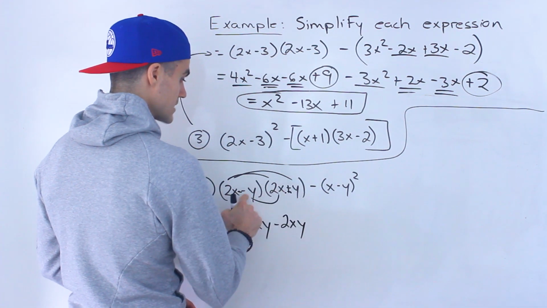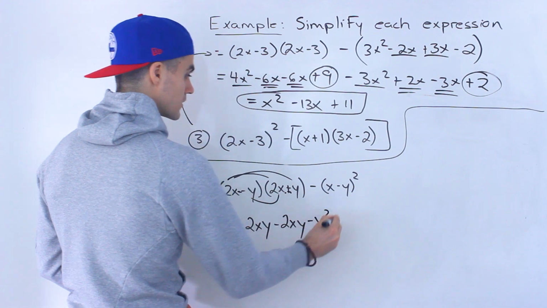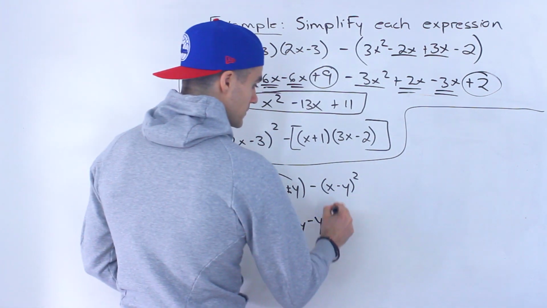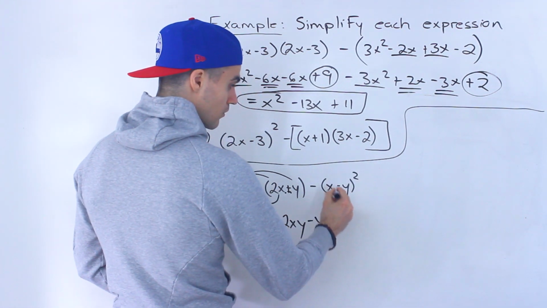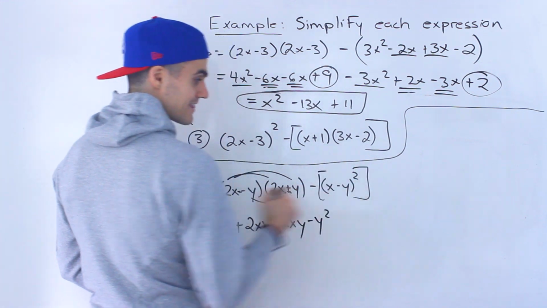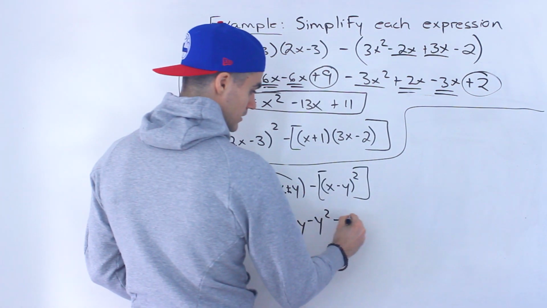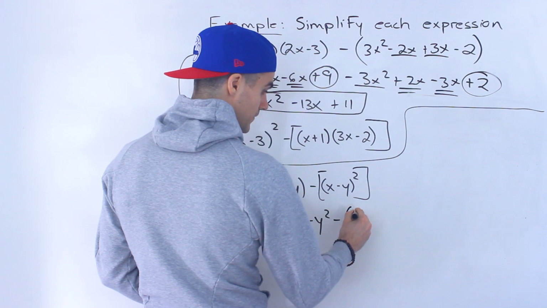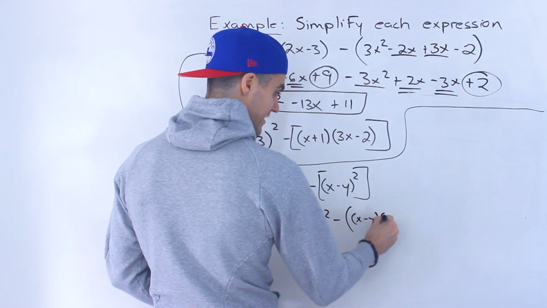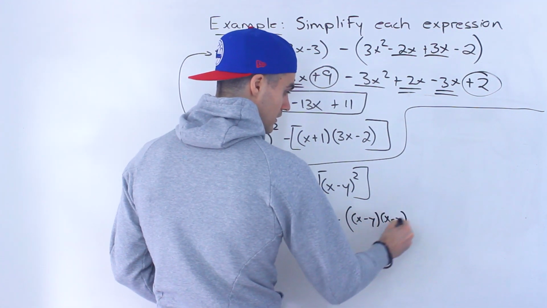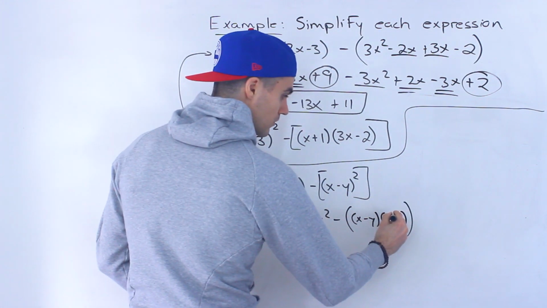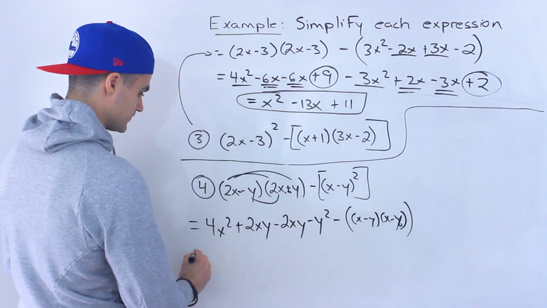And then we have y times negative y, which gives us minus y squared. And then we're going to be subtracting this term now. Again, we're going to be subtracting that whole expression. So this would end up being minus, and then in brackets we'll have x minus y times x minus y. Right? So we're going to have to FOIL out these two brackets.